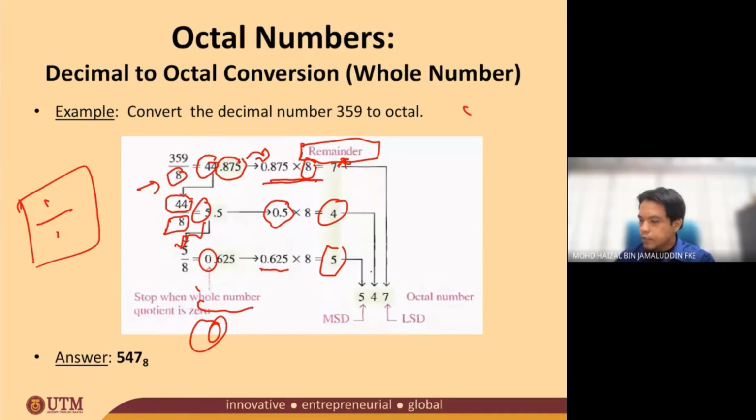And remember here, for the whole number, you take the last value as the MSD, most significant digit. So you take from bottom to up. And here the number is 547.